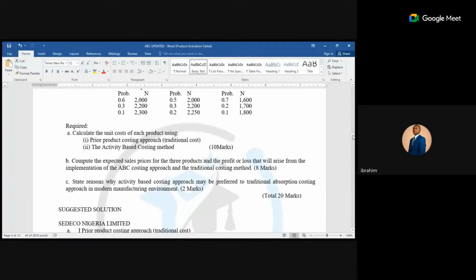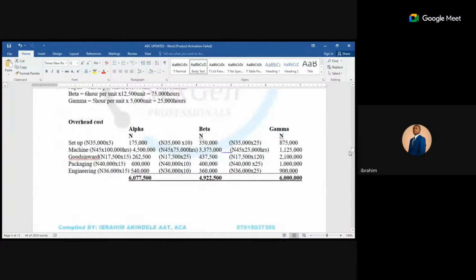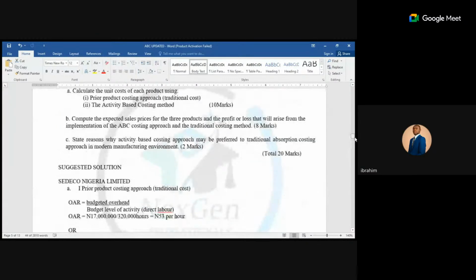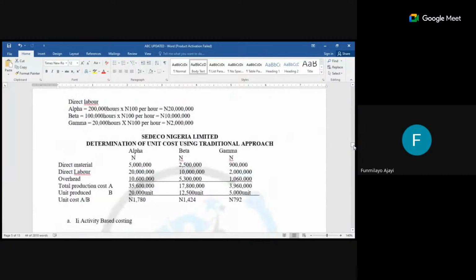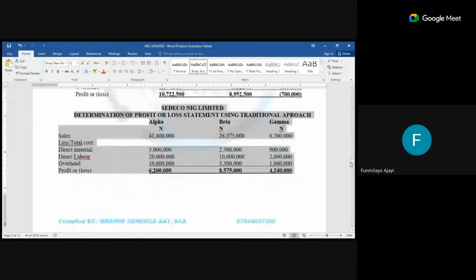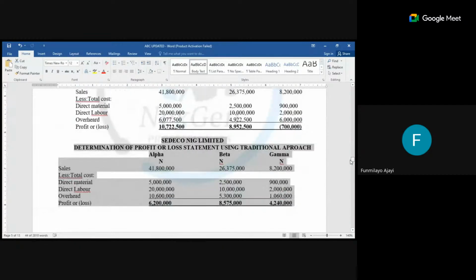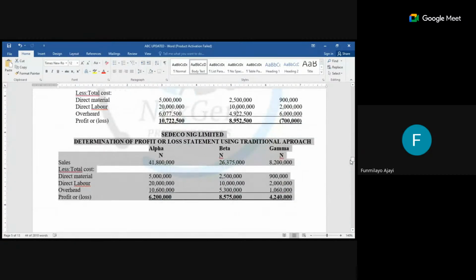Now, we are done with this. I want to ask a question, please. Okay, please go ahead. This is about that traditional method. How did you get 6.2? Sorry, I was a bit distracted when you were doing it.